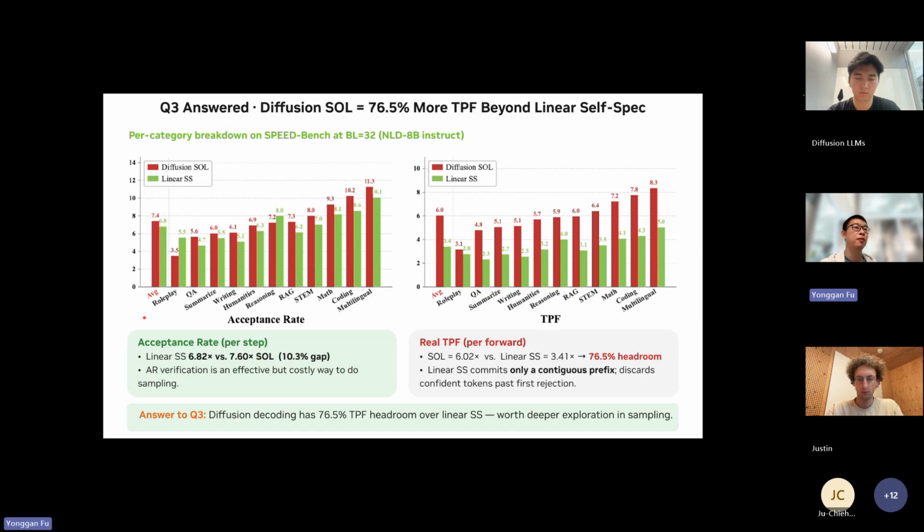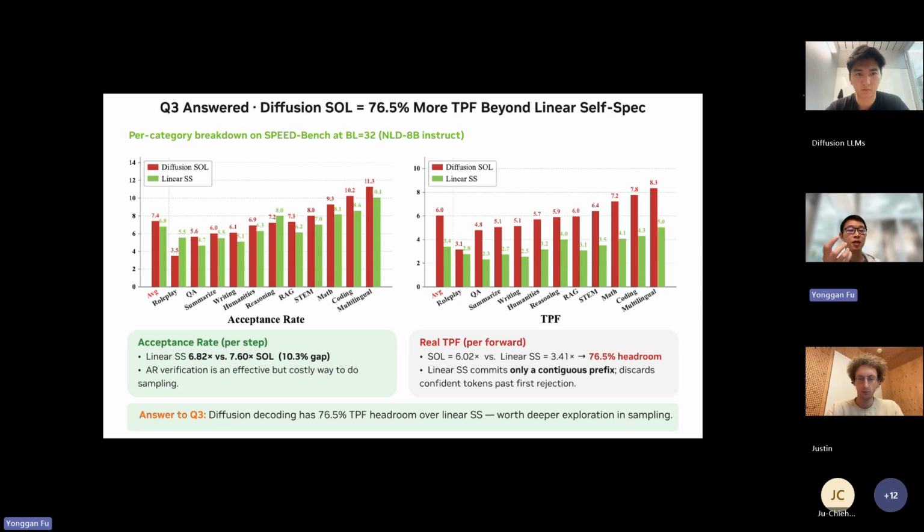This is very interesting because it indicates that the verification process itself can be used as a sampler, a sampling process to help you sample a very accurate prefix. Although this sampler is super costly, because it's almost the same as your full model forward draft cost, it can already achieve a very accurate sampling process.